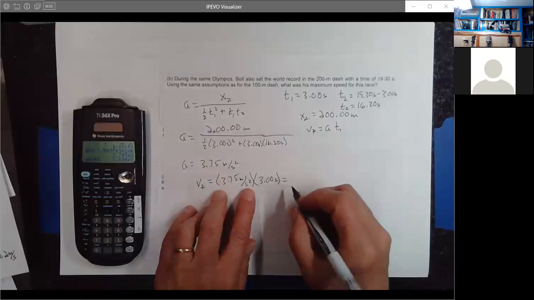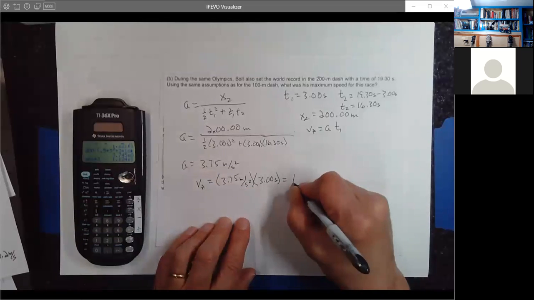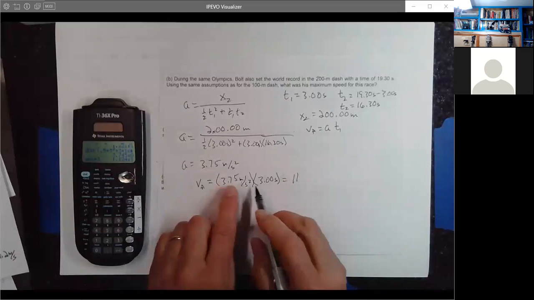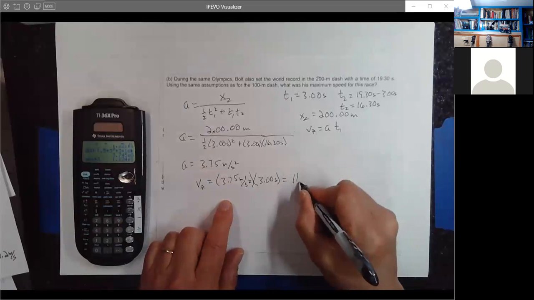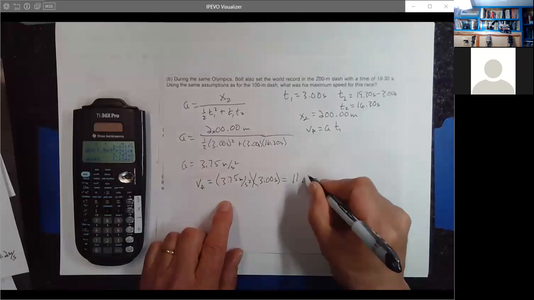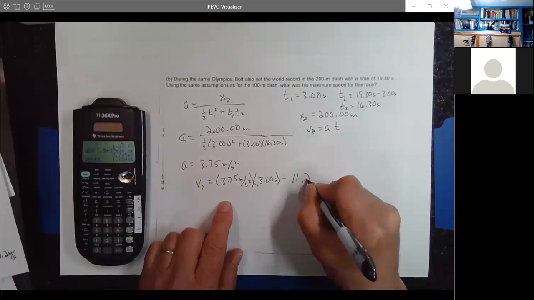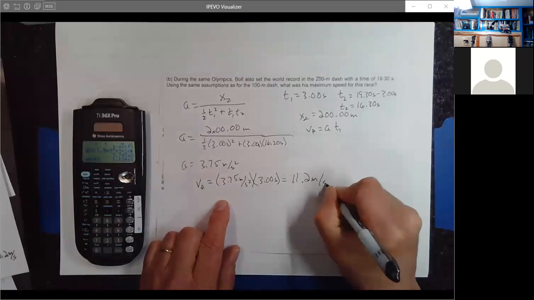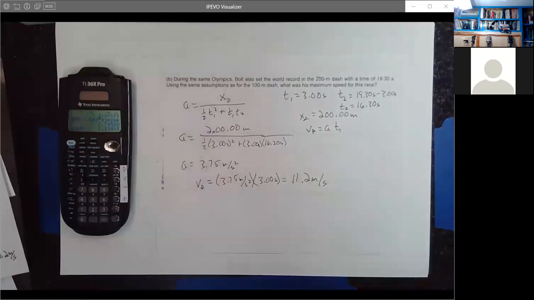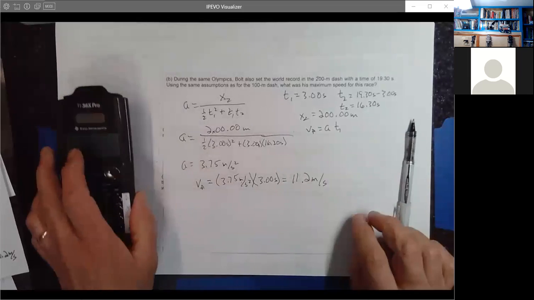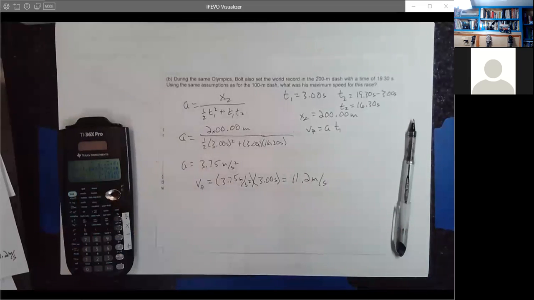So I may get a slightly different number than you do if you just took 3.75 times 3. I get 11.2 meters per second for his maximum speed in that race. So we have that. Okay, that was a kind of two-part problem.